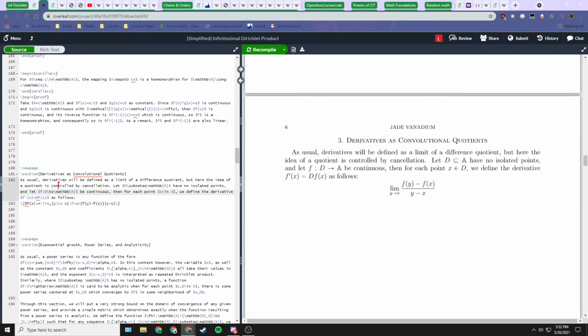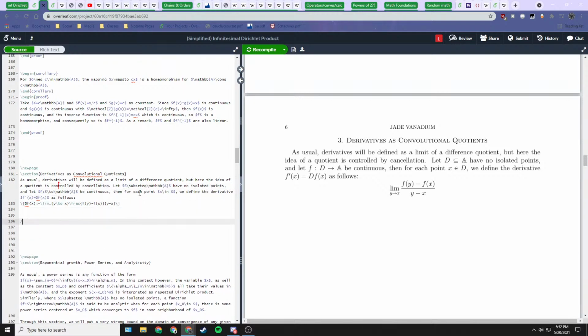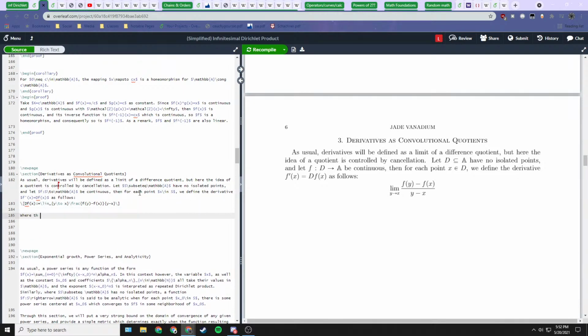Also, we don't want to have our domain be D, that would be confusing, so I'll use S. So this is our formal definition that we're going to be starting with.